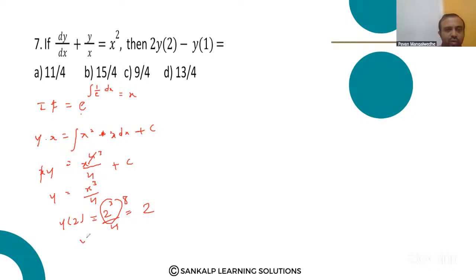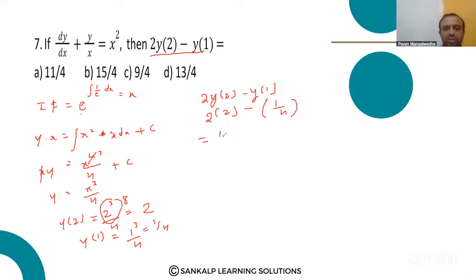Then y of 1. Y of 1 is 1 cube by 4, that is nothing but 1 by 4. So here the equation is in this form: 2 into y2 minus y1. Y2's value is 2, so 2 into 2, minus y of 1, which is 1 by 4.